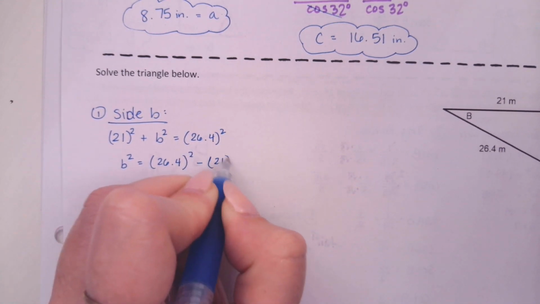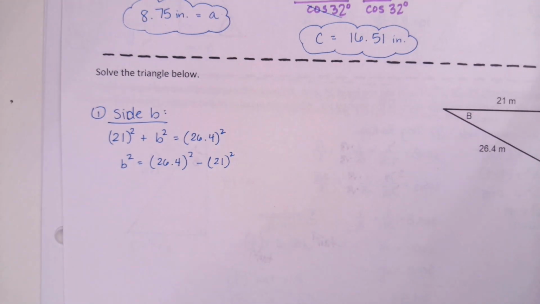Add instead of subtract, what do we do? Classic mistake. 26.4 squared minus 21 squared, and then don't forget to do the square root. So that'd be the square root of 255.96. Oh well, that turned out nice.